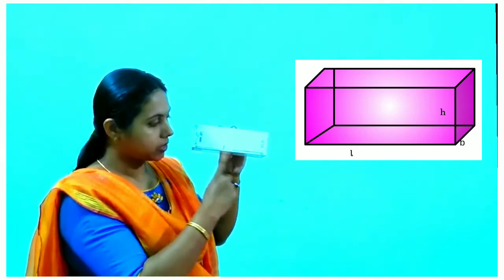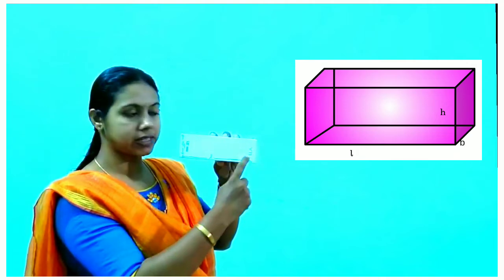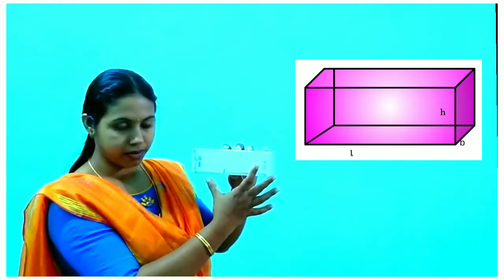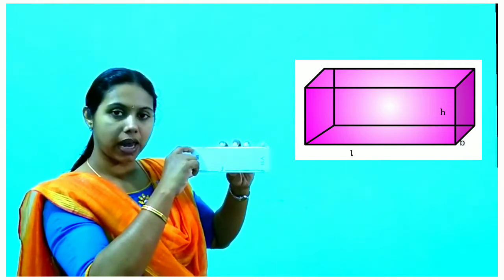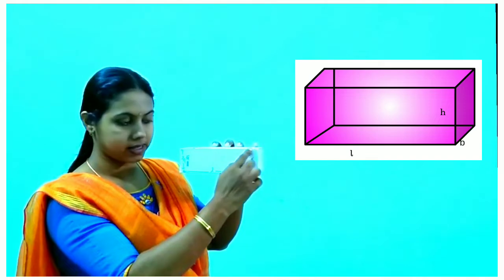So the area of this face, it's a rectangular shape, is equal to length into height. Here length is equal to L units, height is equal to H units.